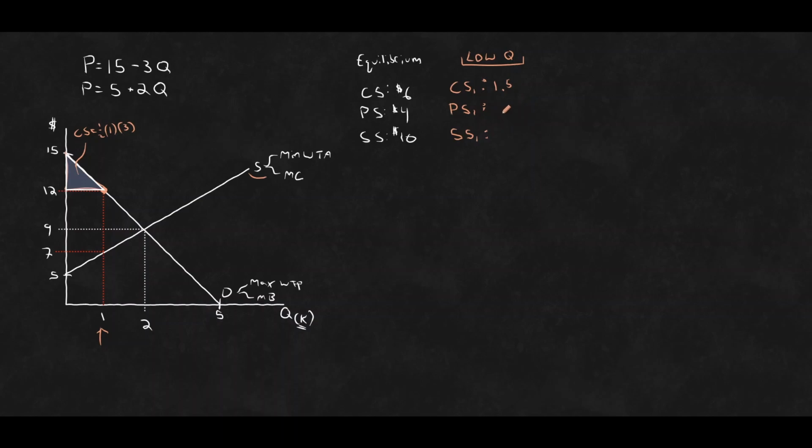What about the producers? How are the producers doing in this case? Well, the difference between the price we have to accept, so we're accepting a price of $12, and the price we're willing to accept. So, there's quite a big gap there between what we're willing to accept and what we have to accept. In this case, we get 2 shapes.